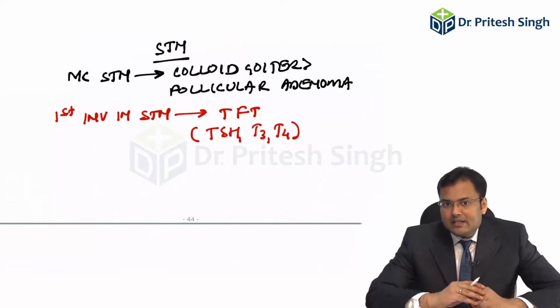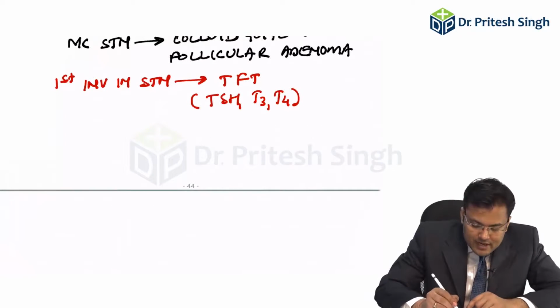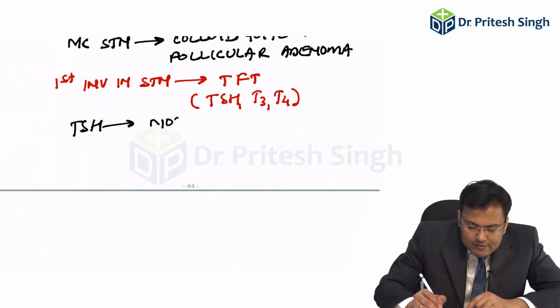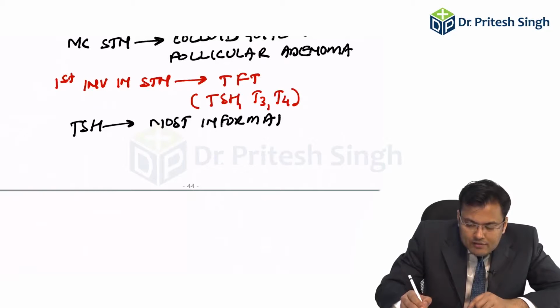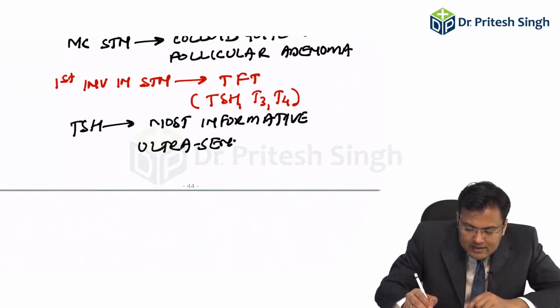After that, question is asked, out of T3, T4, TSH, which one is most informative? And that is TSH. Why? Because of ultra sensitivity.